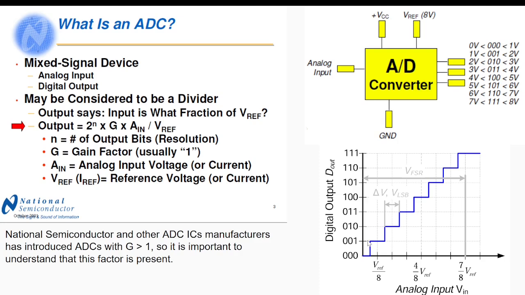So 001 means the input is between 1 and 2 volts. And similarly, if the input voltage is between 2 and 3, the output will be this code, and so on and so forth. If the input is between 7 and 8 volts, like in this final case, then the output code is going to be 111.